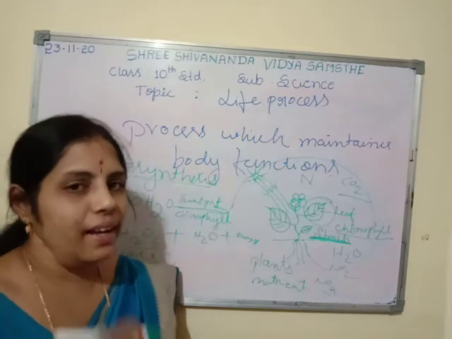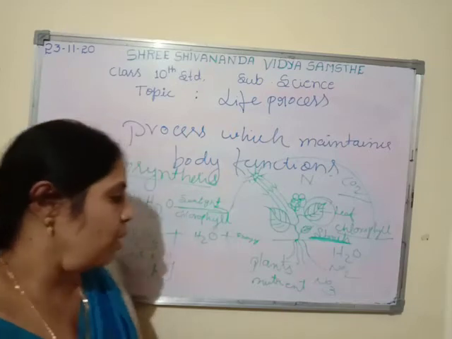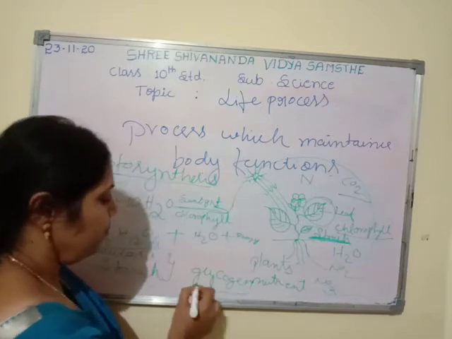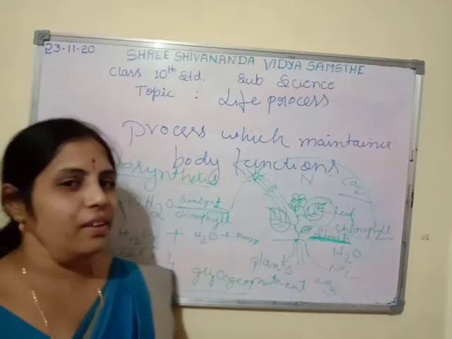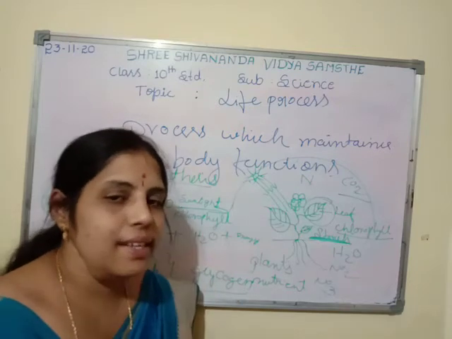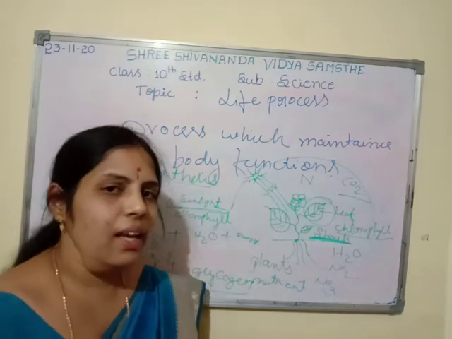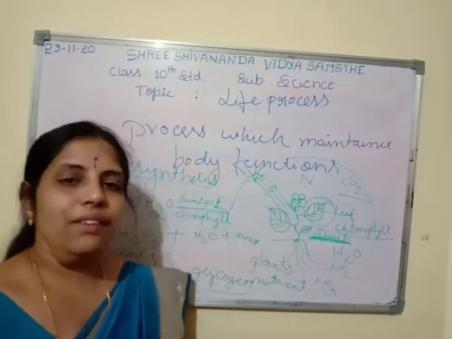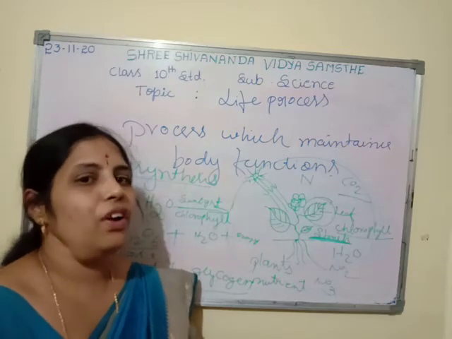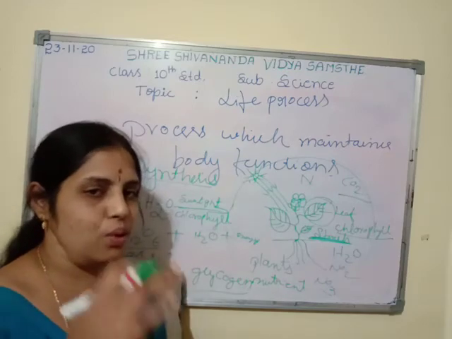How is this energy regained? By the food stored as glycogen in our body. The excess energy from the food you eat is stored as glycogen. If you do continuous work, the energy is released and lost. But if you are not doing any work, it keeps getting stored in your body in the form of glycogen.